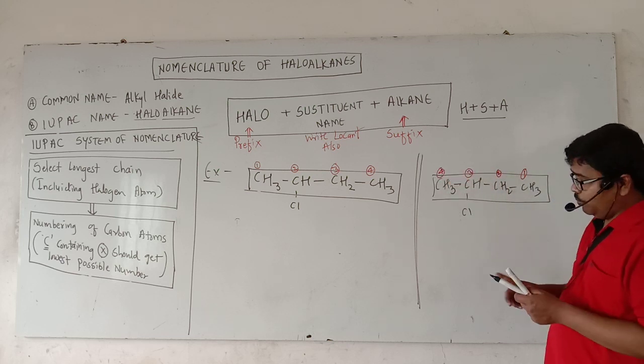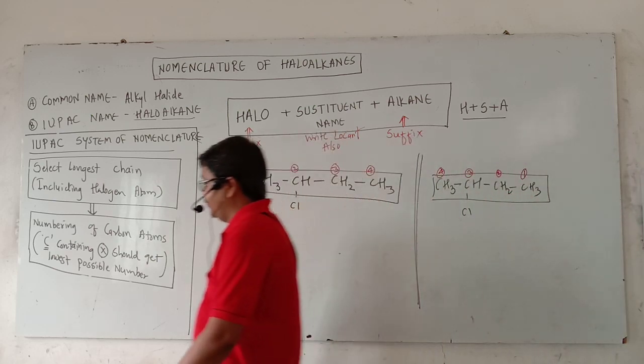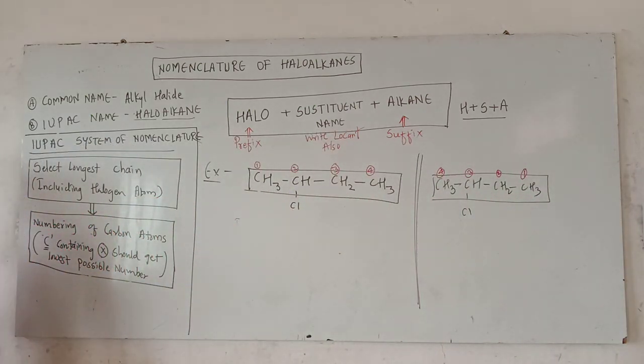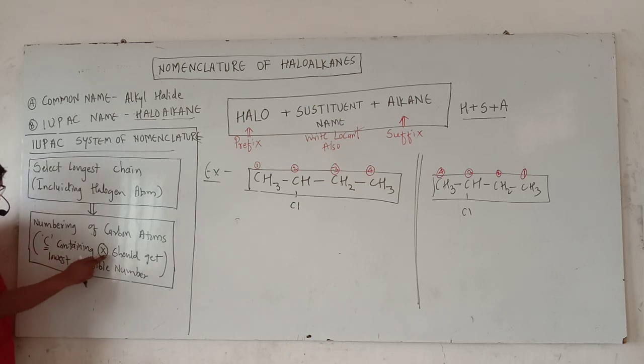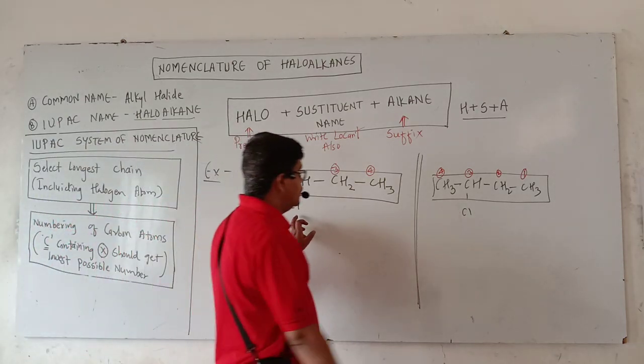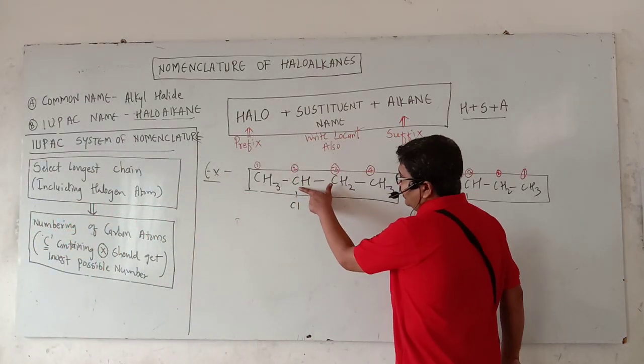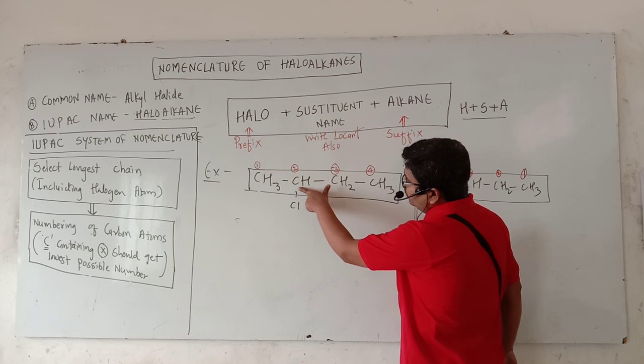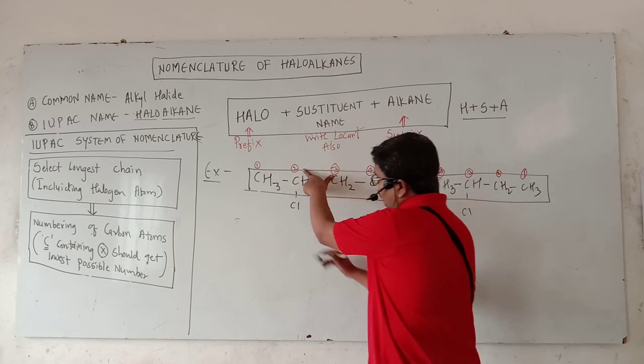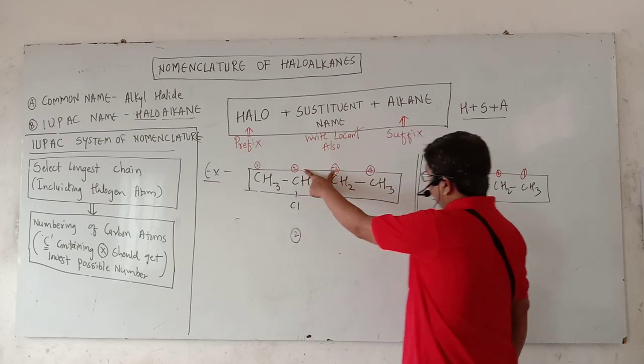Okay. Out of these two numberings, which numbering is correct? What they said? Carbon containing halogen should get lowest possible number. Now halogen is attached to this carbon. Through this numbering, it is getting carbon number 2.